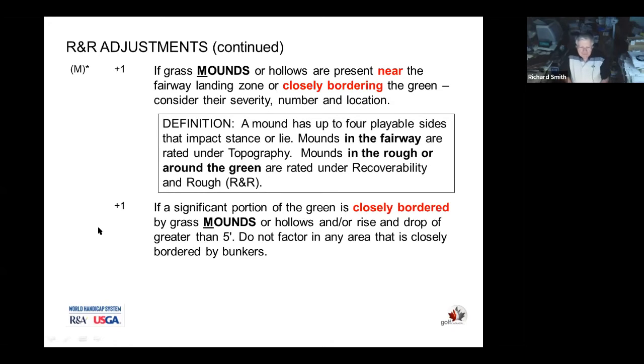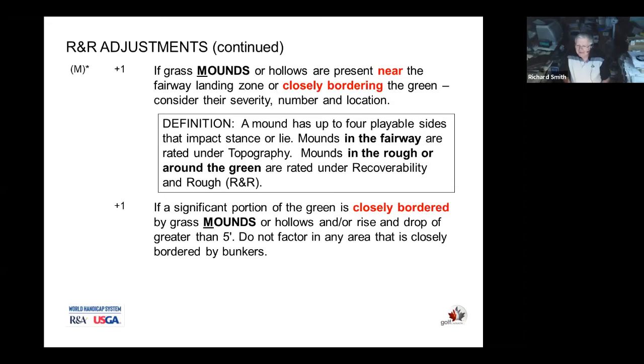And a change from previous years, there is no longer a separate rise and drop adjustment. They have moved that into being one case of an adjustment for mounding.